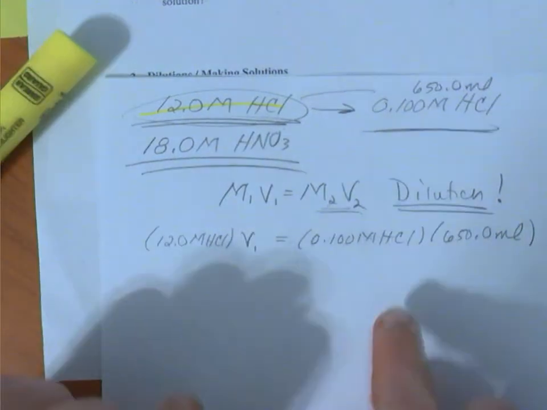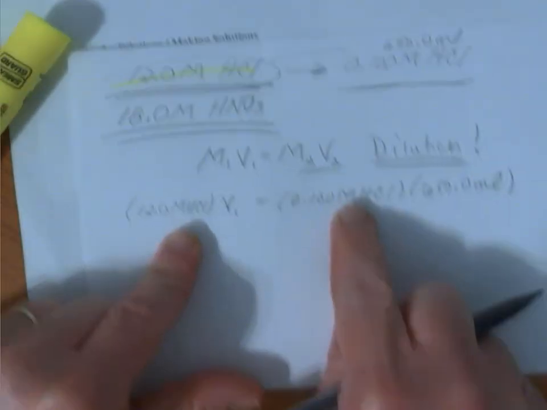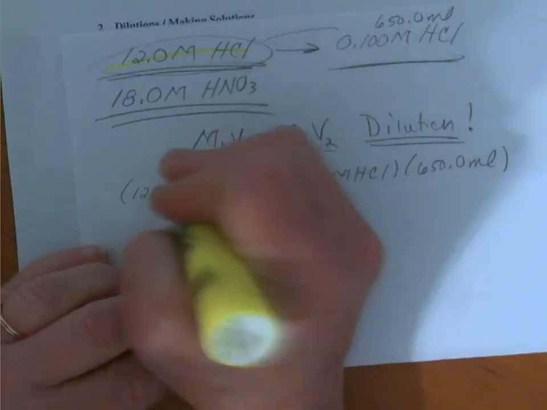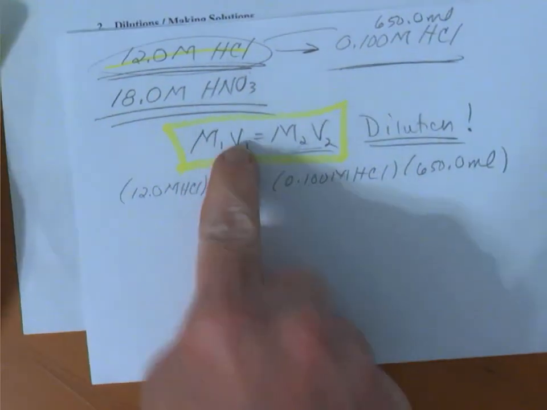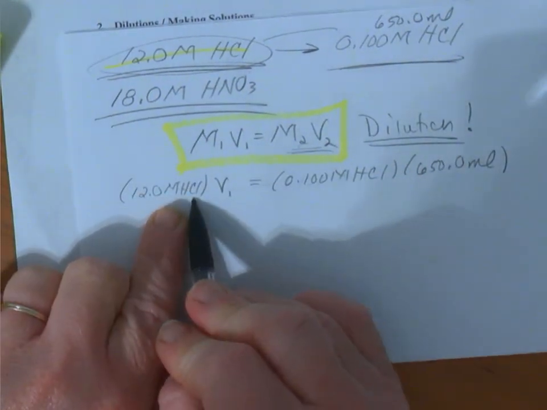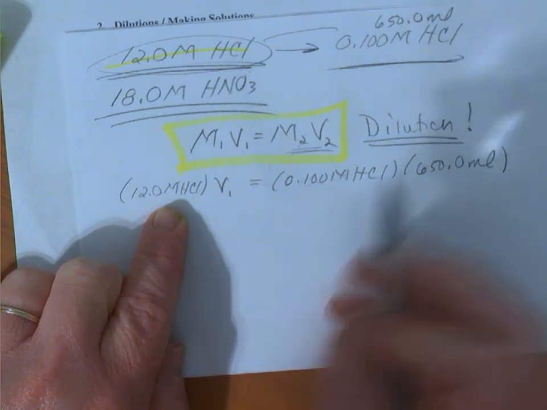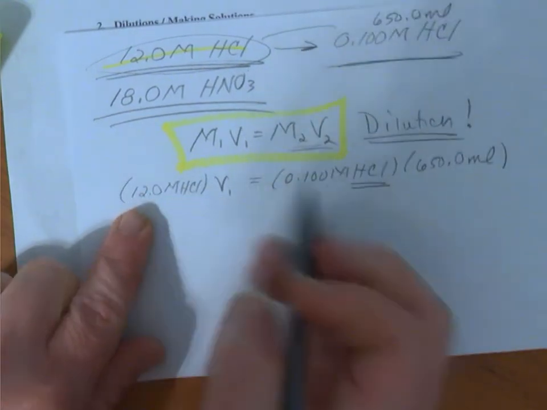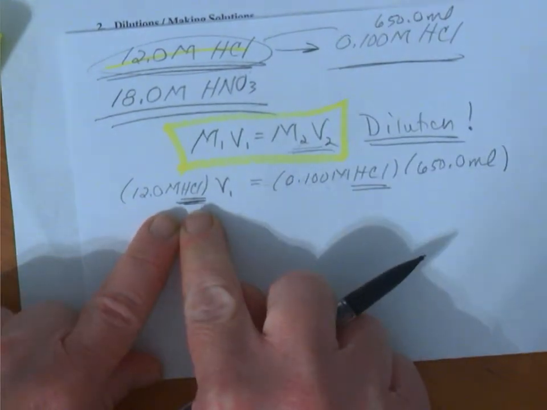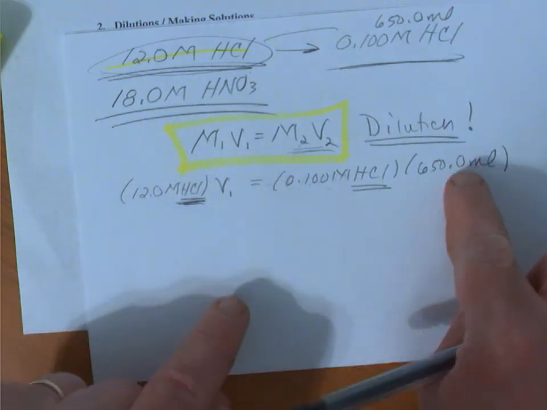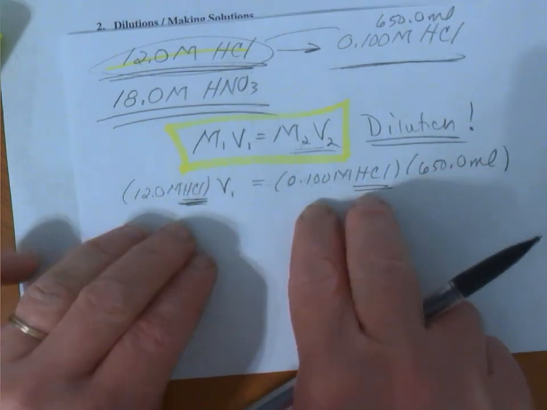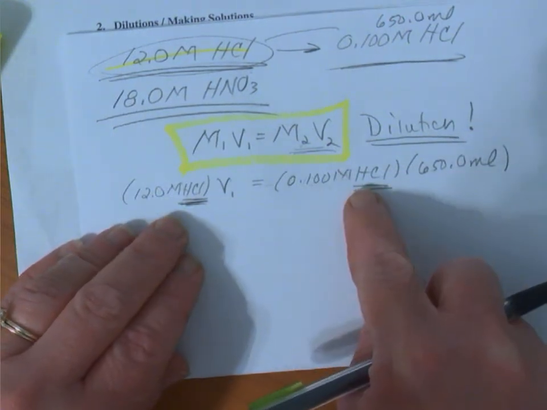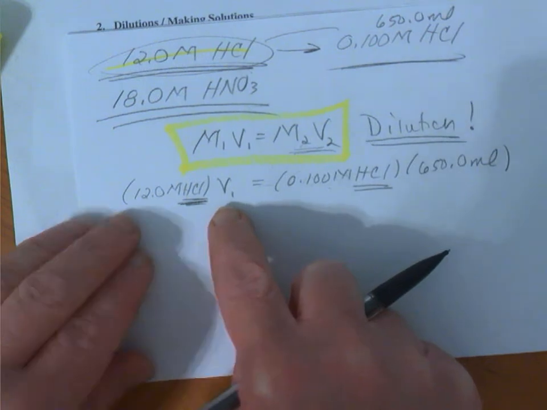All right. So, how do we know when we're doing a dilution or when we involve this equation? We will rely on this when we are making a lower concentration solution from a higher concentration of the same solute in solution, or you're being asked to find a volume of either the solution you're making of lower concentration or the volume of the solution of the higher concentration.